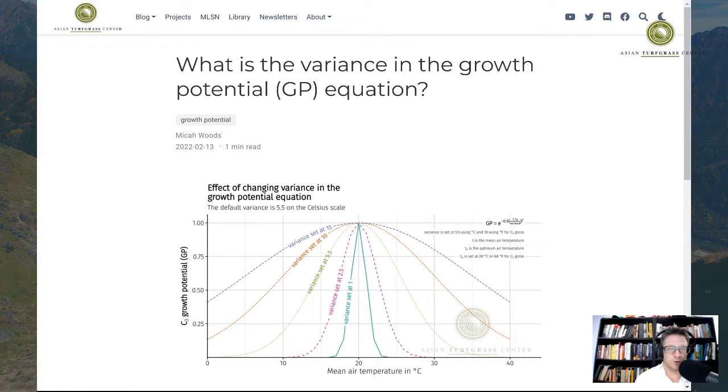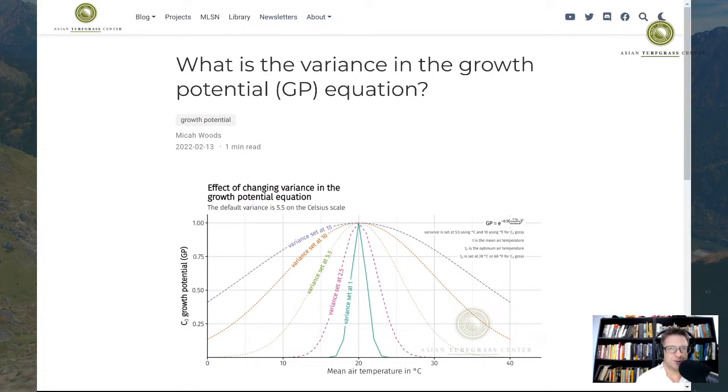For cool season turf, it's about 68 degrees Fahrenheit, 20 degrees Celsius. For warm season turf, it's about 87 degrees Fahrenheit or 31 degrees Celsius. And it's easy to understand that those are approximately optimum temperatures. What they are actually is the center of the optimum temperature range. So you can expect a little bit below 68 degrees Fahrenheit and a bit above that, something like 62 degrees to 75 degrees.